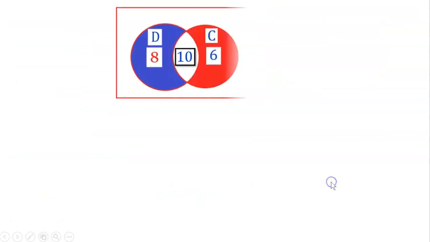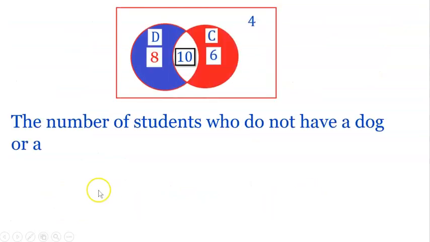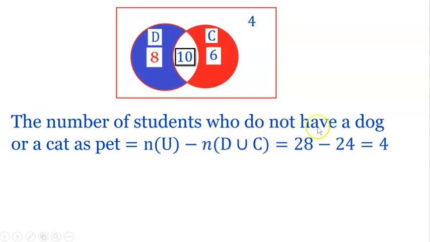Okay, and hence the number of the students who do not have a dog or cat as pet is equals to N of U, that is the number of elements, number of the students, minus N of D union C, that is the number of the students who have dog and cat as a pet animal.